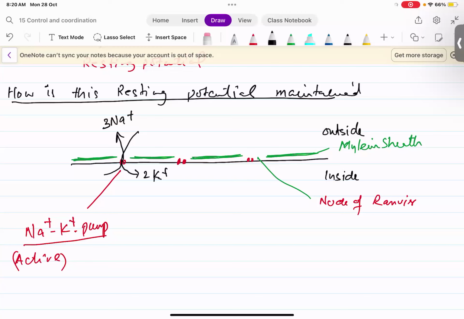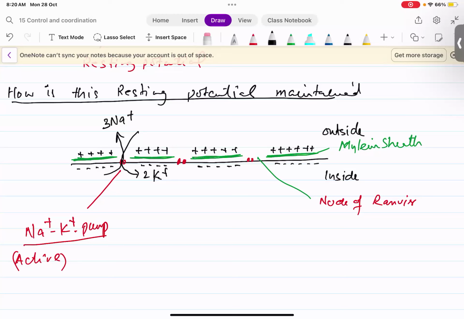If this continues for a while, sodium ions are removed and potassium ions are taken in. So the outside would have more positive charge and the inside less positive, which is represented as negative on the inside and positive on the outside. Hope you have understood it. So this is how the resting potential is achieved.